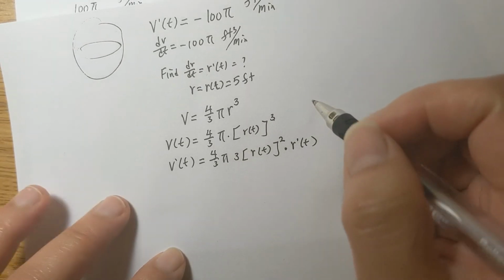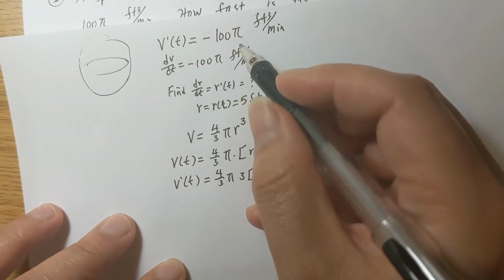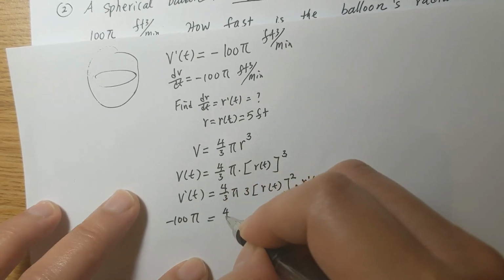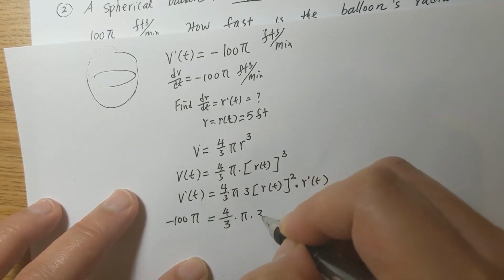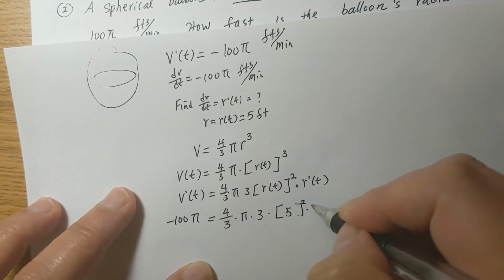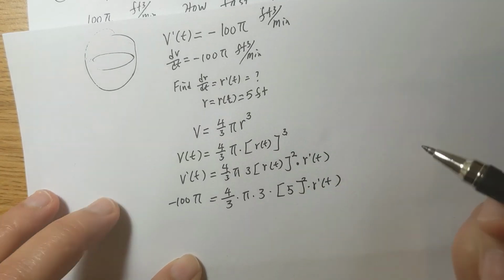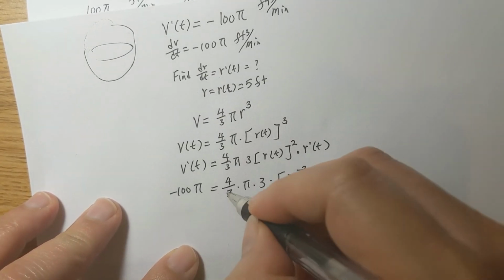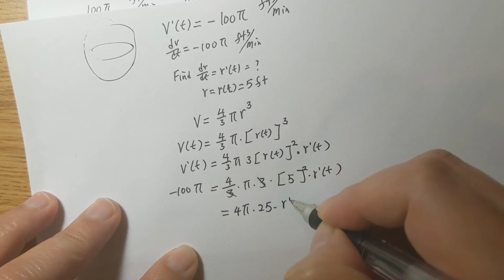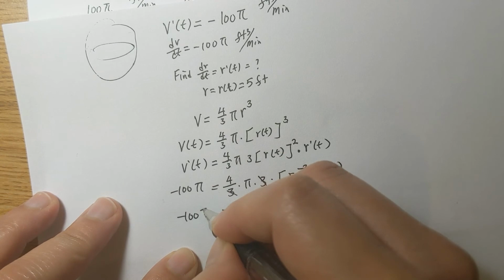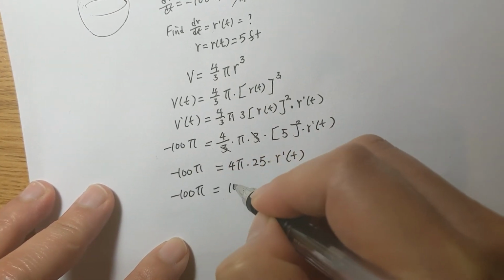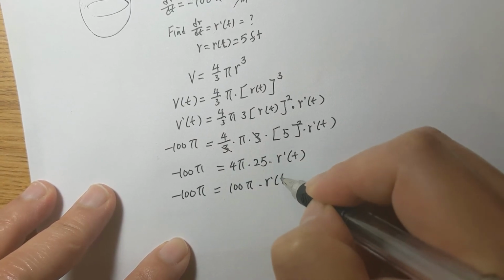Now we're going to do substitution. You got the information: we have negative 100 pi, and r is 5. Now we're just going to simplify and solve for r prime of t. So this cancels, you get 4 pi times 25, and then we get negative 100 pi equals 100 pi times r prime of t.